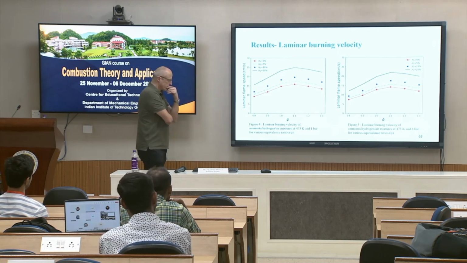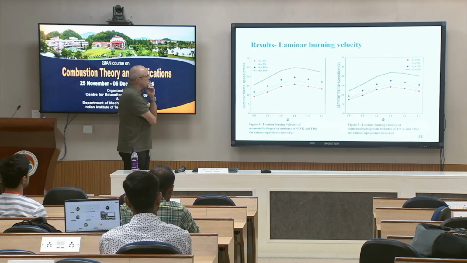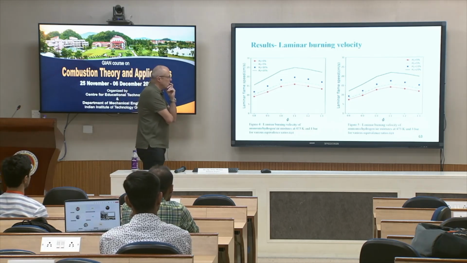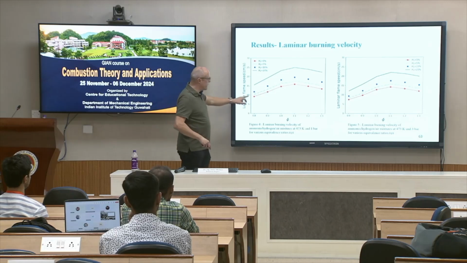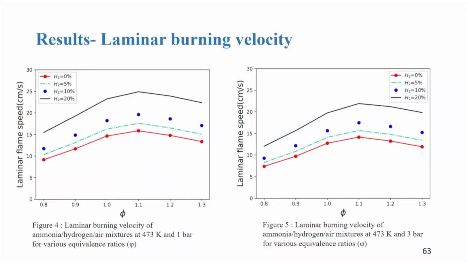And so this is the outcome. Here we see laminar burning velocity as a function of equivalence ratio at 1 bar and 473 Kelvin.